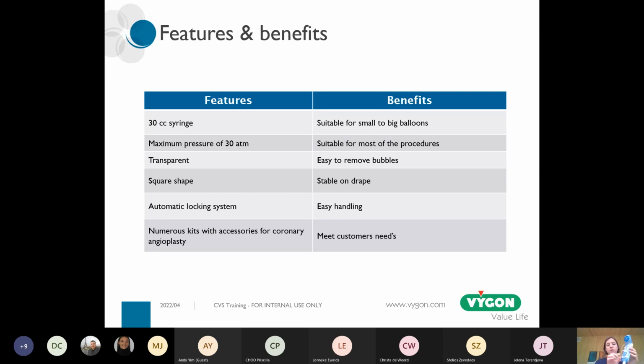This Dolphin is available with accessories for coronary angioplasty, so it can be sold alone or with accessories. The accessories are the Y connector, the torquer, the insertion gateway, and the guide wire introducer.